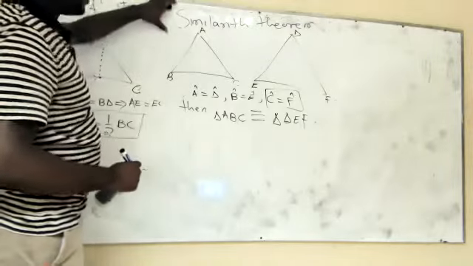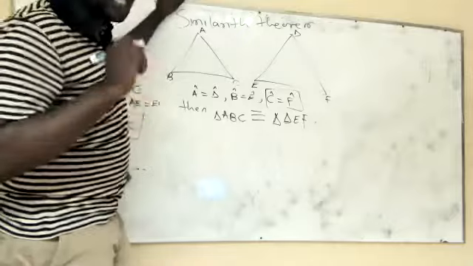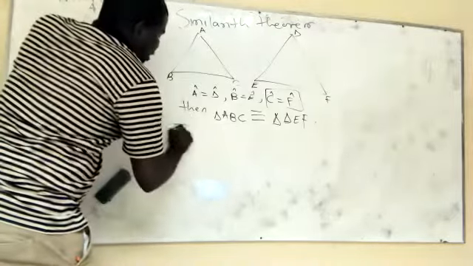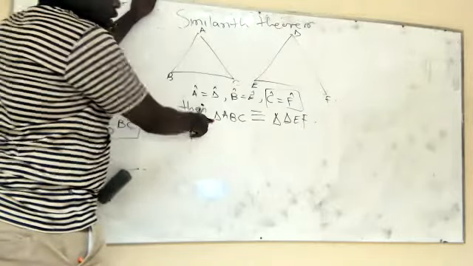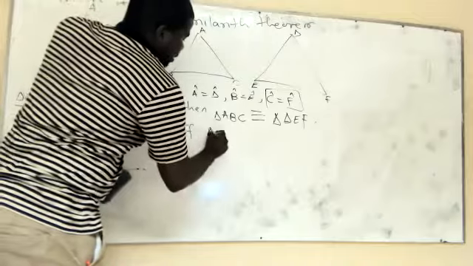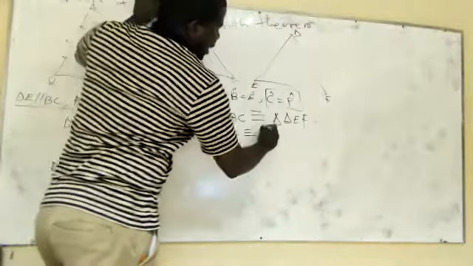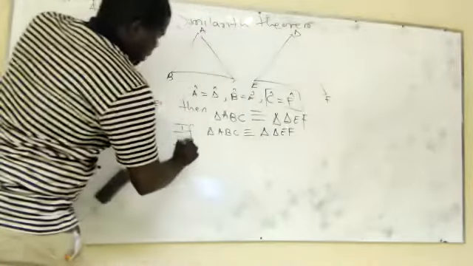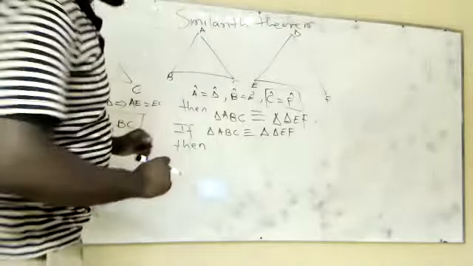As I've said, the similarity theorem also has the converse. So let me just cover the converse, which is the one that is very interesting. The converse starts from the conclusion, which says if triangle ABC is similar to triangle DEF, then now I'm going to write a very interesting statement, which you must all understand.